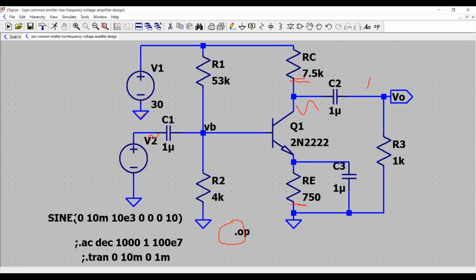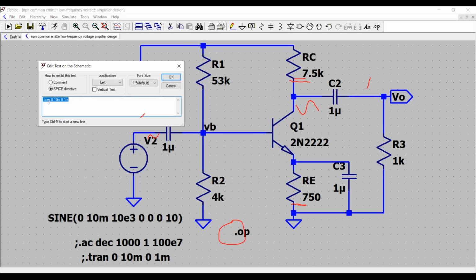Put it here. Now in the bottom, you see with that operating point, after that we have set two regular analysis. We are going to see these two. So first, let me enable the transient analysis. So right click here. After right click, I see for the transient analysis, I will enable this analysis.